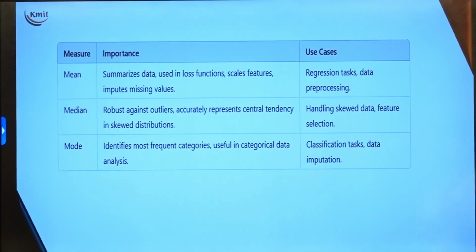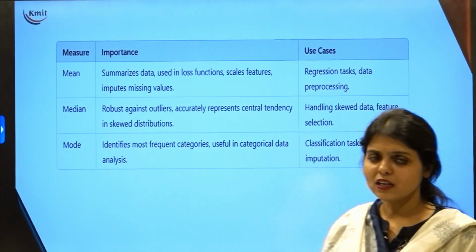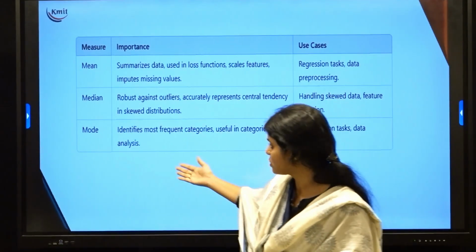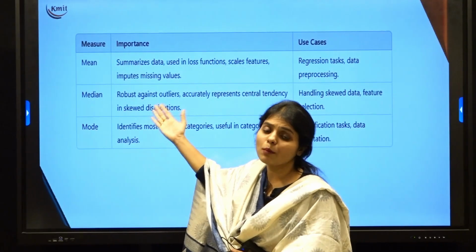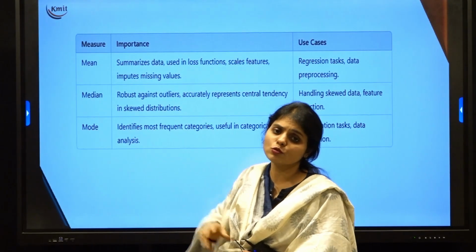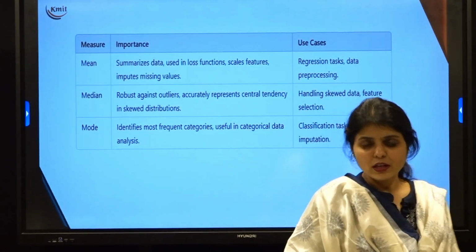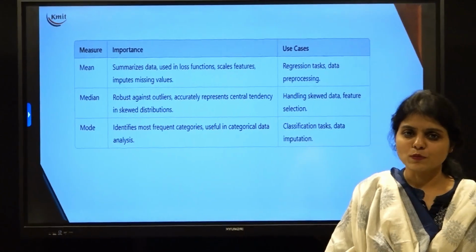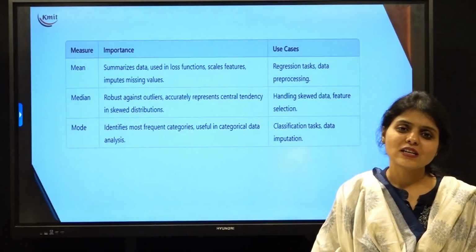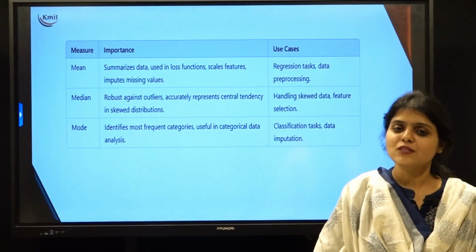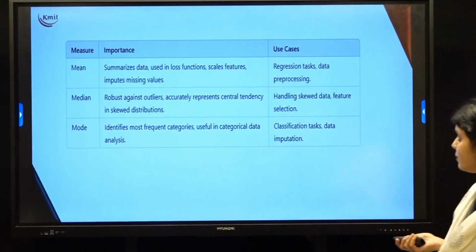When we talk about outliers in the data, we cannot use mean and we cannot use mode. When you have a lot of outliers in the data, we usually use the median. So dealing with outliers, we use median; for regression tasks, mean; for classification tasks, mode.